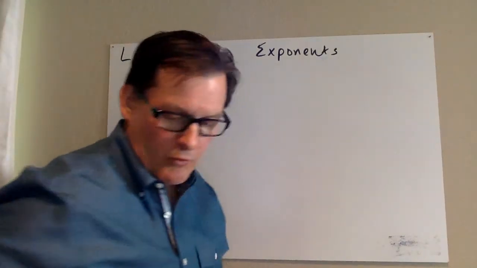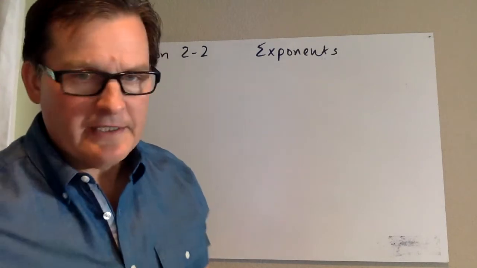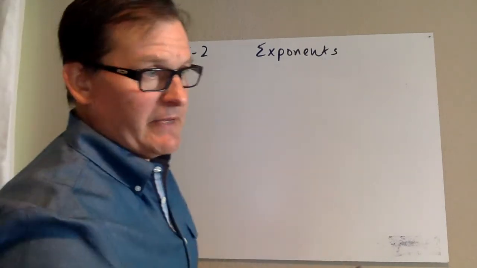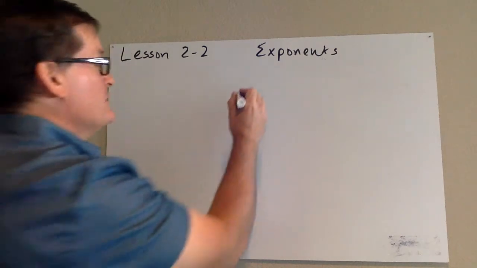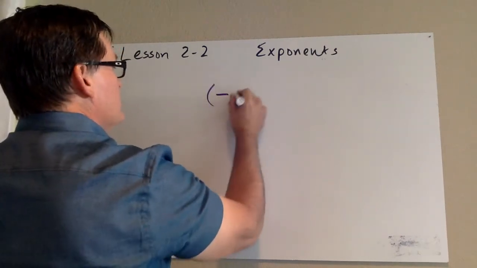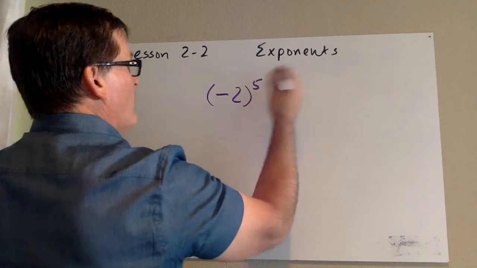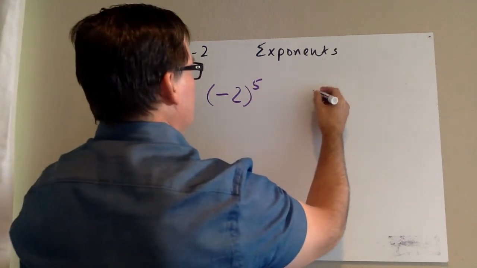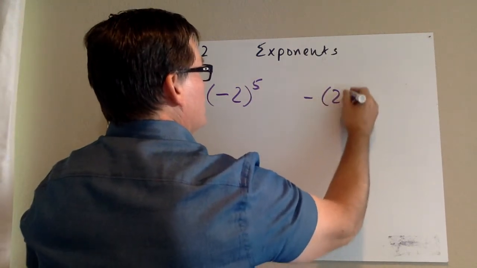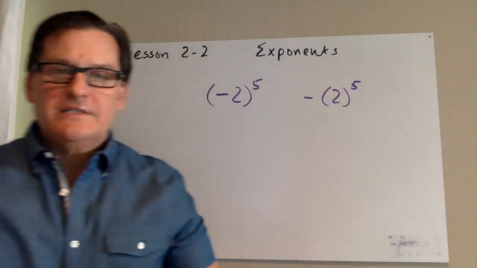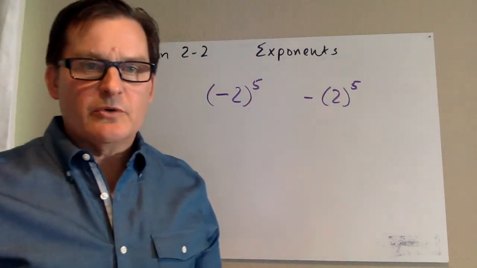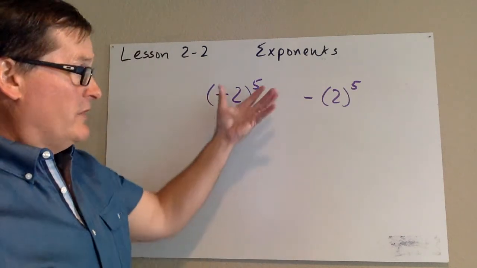Now let's get into some more calculation. What I want to hit on is a common misconception when we're dealing with exponential numbers. We're going to look at 2 situations over the next couple of videos. These look somewhat the same, but they're entirely different, and it has a little bit to do with the order of operations, which we'll get into more later.